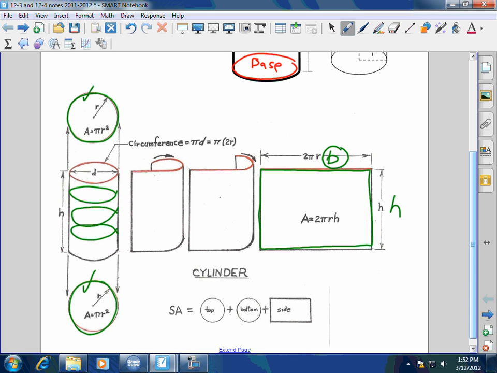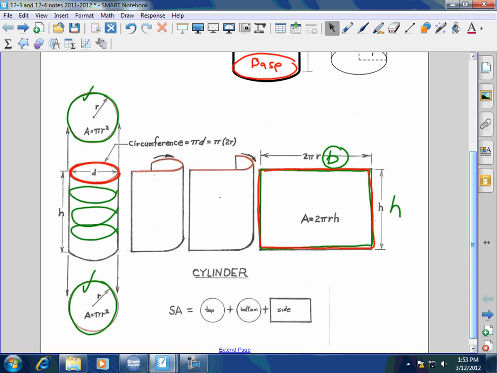Well, 2 pi r, exactly, it's the circumference. Isn't the circumference the distance around the circle? So, if the distance around this circle is the circumference, isn't that the base of the rectangle that we form after we unroll the cylinder?